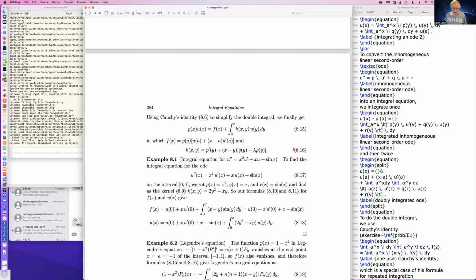So the idea, or my thought, was to take you through this particular example. U double prime is equal to x squared u prime plus xu plus sine of x. And so what do we have?